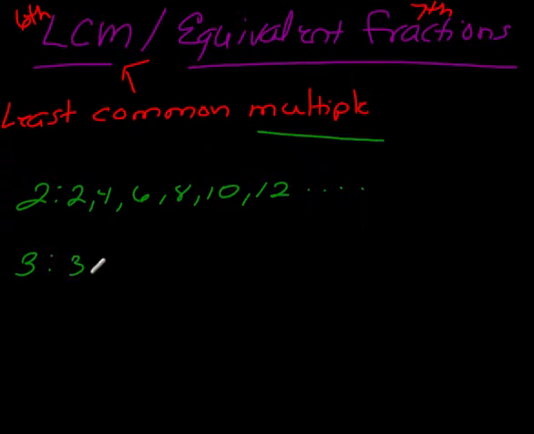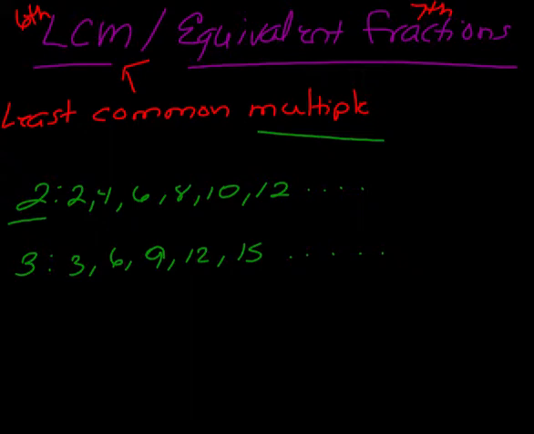I would say 3, 6, 9, 12, 15, and so forth. So a multiple, and this is just my common definition, is when you take a number and you count by that number. The easiest way I always think about it is that multiples count by 2s, and that helps me remember that a multiple means to count by whichever number you're dealing with.